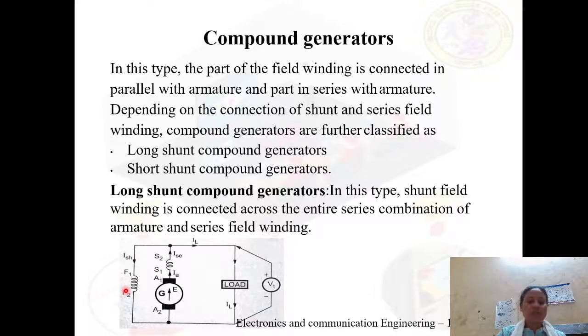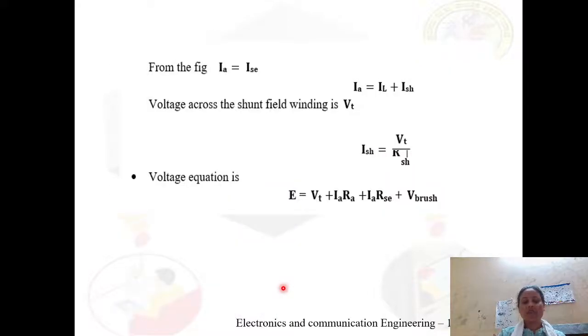Okay, so similar to the shunt generators. Therefore, RSH can be expressed as Vt by ISH, or ISH can be expressed as Vt by RSH. So ISH, the parallel field current, can be calculated as terminal voltage divided by RSH.